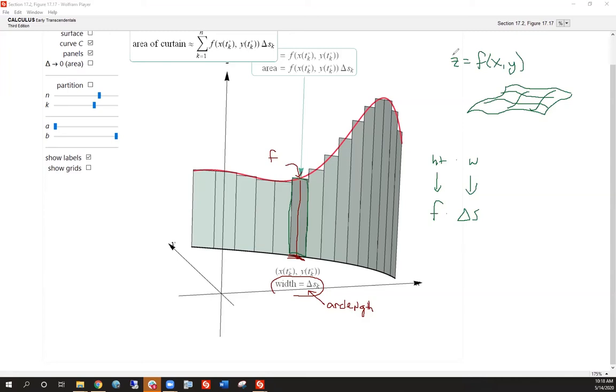Then below you have some c, and we could ask, what happens if we follow c up onto the surface? That red curve is following this three-dimensional surface, but it's only showing the surface that's immediately above the c.